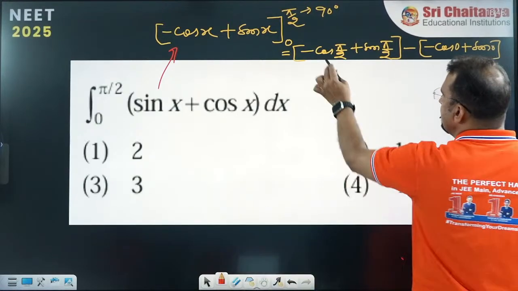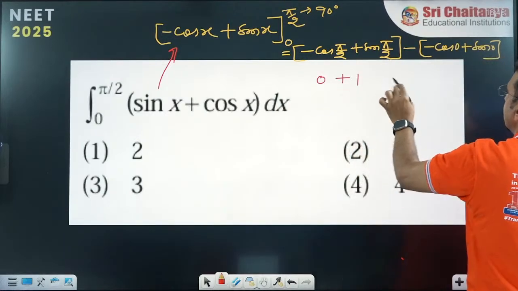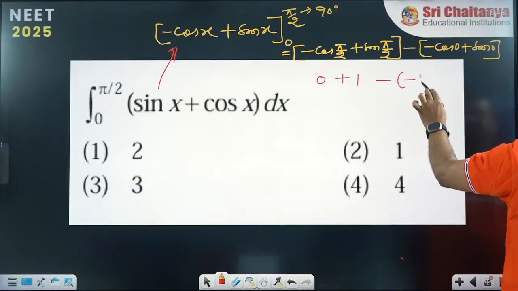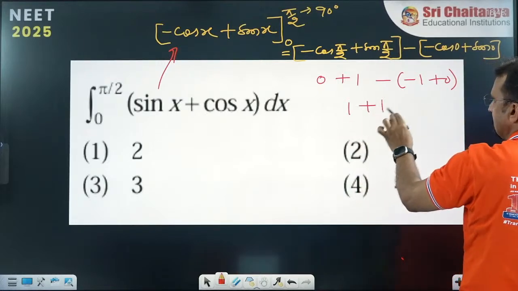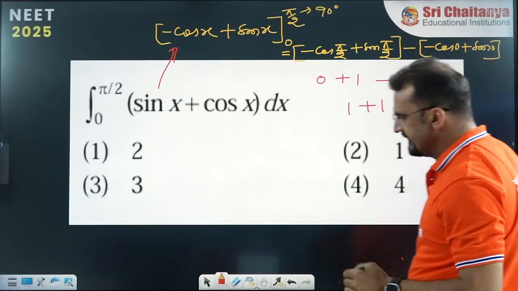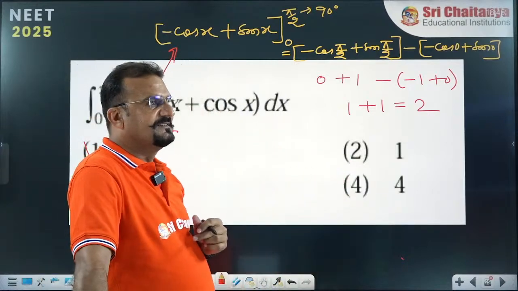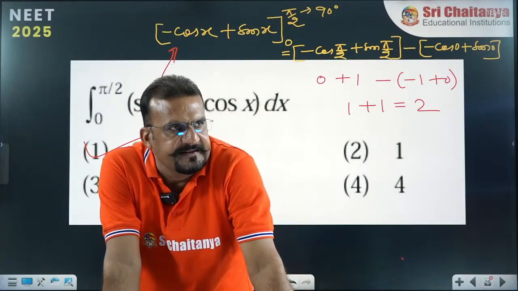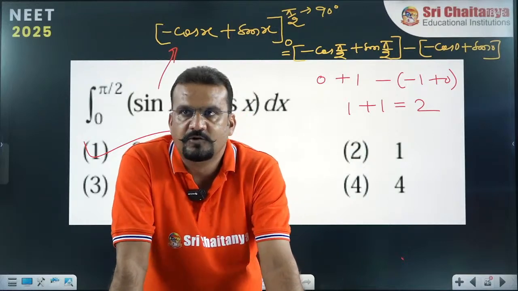The final answer will be 0 plus 1 minus, this is 1 minus minus 1 plus 0. What is 1 minus minus 1? Plus 1. What is the answer? 2 is the right answer. First option will be the right option. See, this is a standard question. I think a number of students did that right, but most of the students are wrong in this question also. Very good.